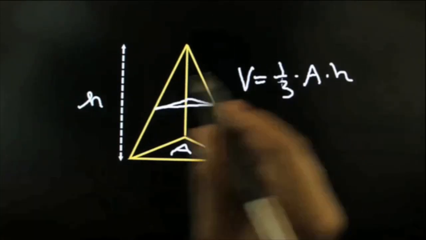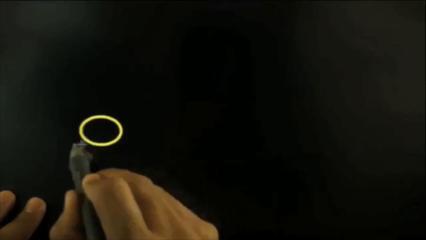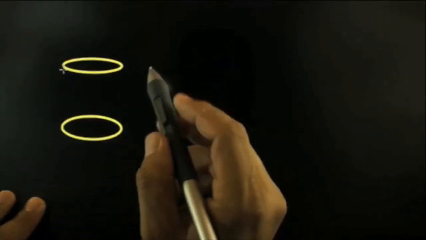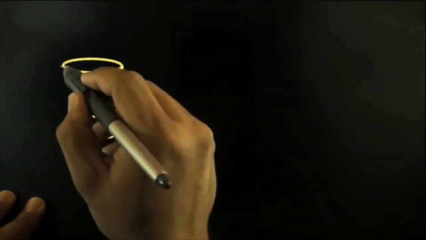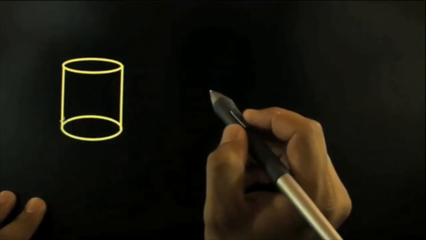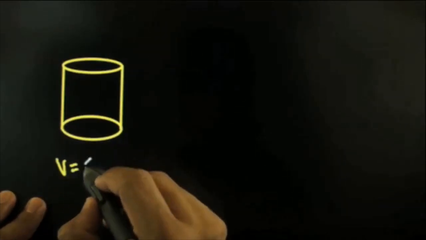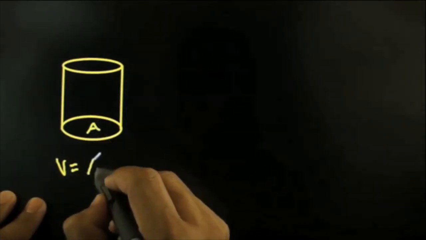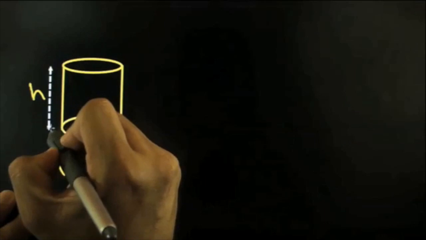For example, what this is saying is that if you take a regular, standard, run-of-the-mill cylinder, they go more or less like this. Okay, and we've established that here the volume is equal to the area on the bottom times the height, where of course the height is this height right here.